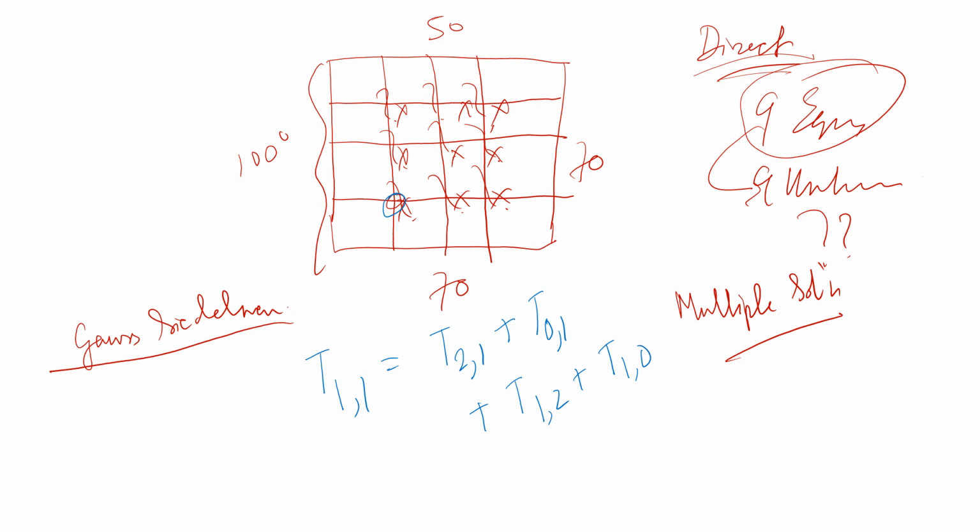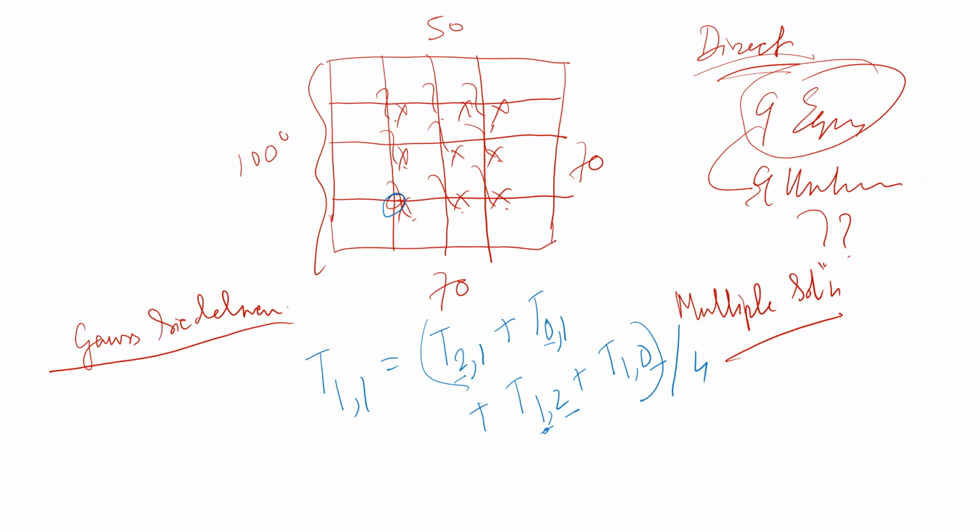As I said, I plus 1 here, I minus 1 here, J plus 1 here, J minus 1 here, because I is the X and J is the Y, and this entire expression will be divided by 4.